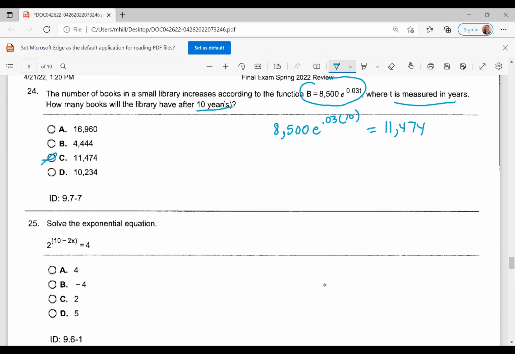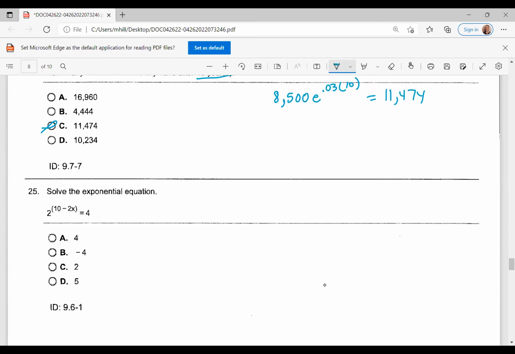Okay, last problem. It says to solve the exponential equation. This one is written 2 to the 10 minus 2x equals 4. It would be really nice if I could say get 4 to be 2 to the something, and we can. 4 is 2 times 2, so 4 is equal to 2 squared. So I'm going to replace that.